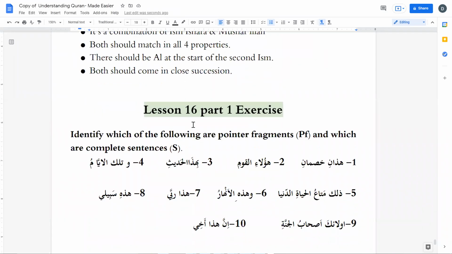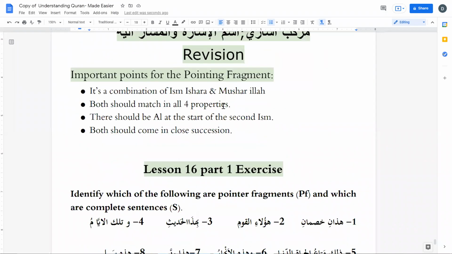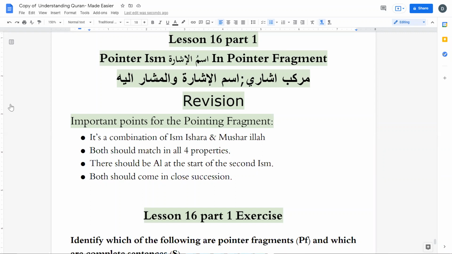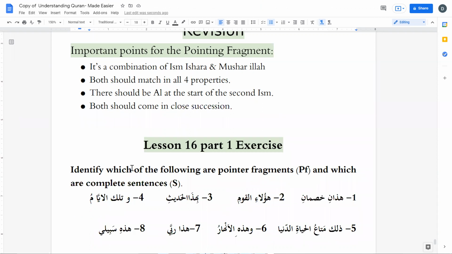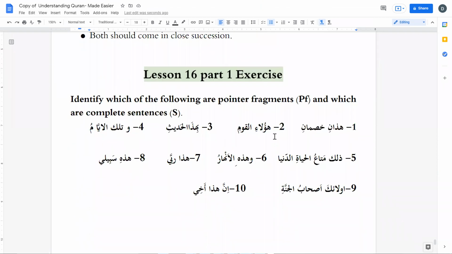So, okay. Since we just did this revision of the important points, let's do this exercise. I know we did this exercise in our interactive session, but let's do this. You both are going to tell me the answer, and I'm looking at your answers.